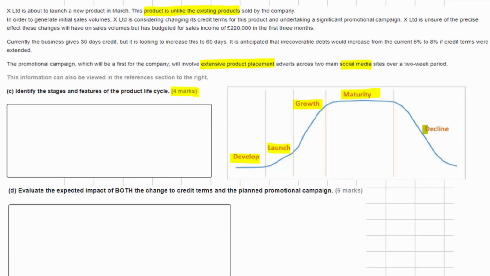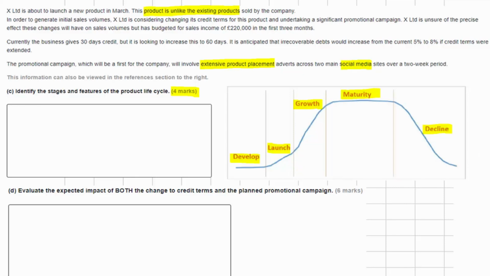And then finally we get into the decline stage, and this is where we are starting to lose sales, again potentially because other products are starting to replace ours with much more frequency, and possibly it could be our own product.